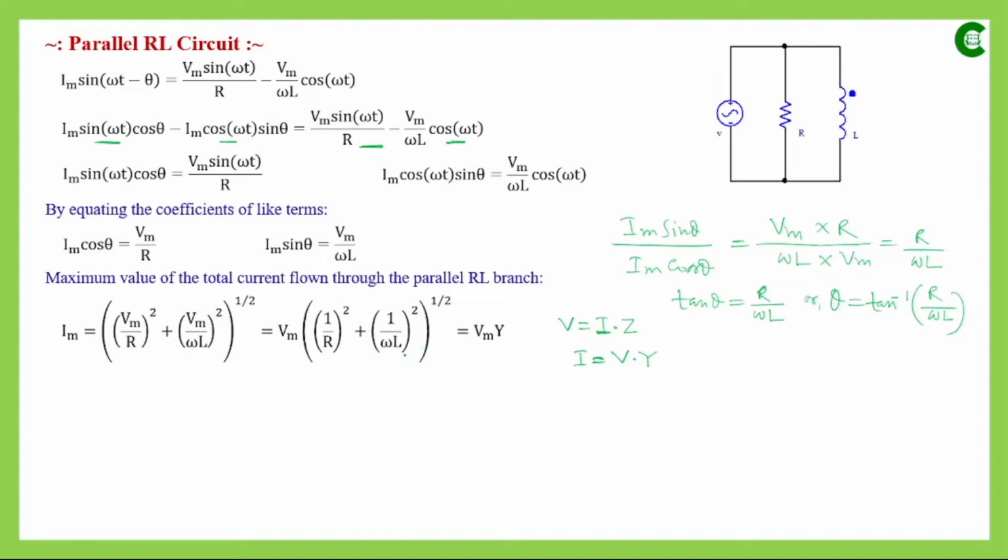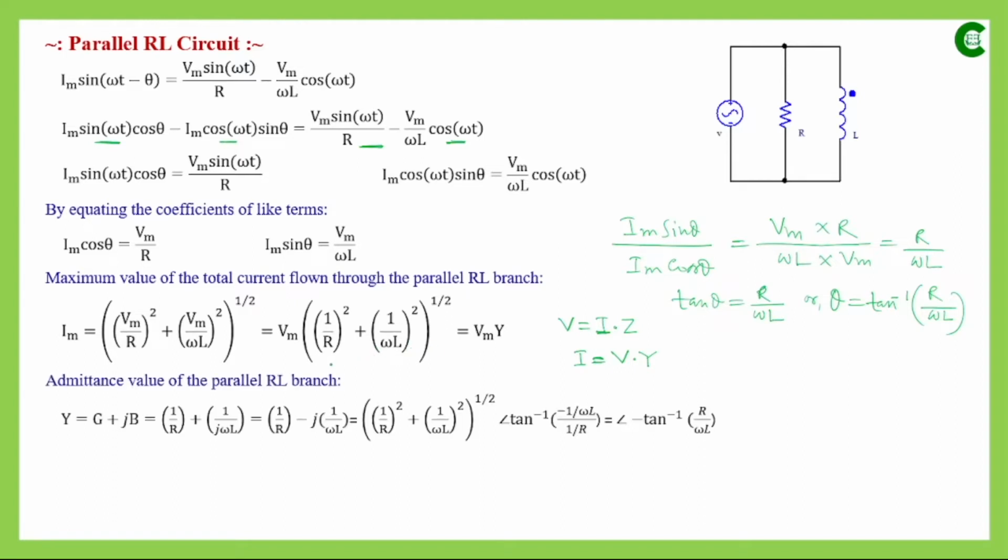And we know that in the case of a series branch, be it an RL circuit, RC circuit or RLC circuit, we focus on the impedance value, and if it is a parallel branch, then we focus on the admittance value more compared to impedance.